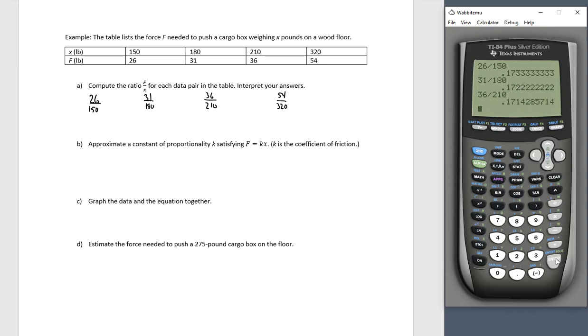I'm going to start writing these down. Our first one is 0.17 and then a whole bunch of 3's. Our second one is 0.1717, a whole bunch of 2's. The third one is 0.1714, actually 0.17142857, and it repeats.